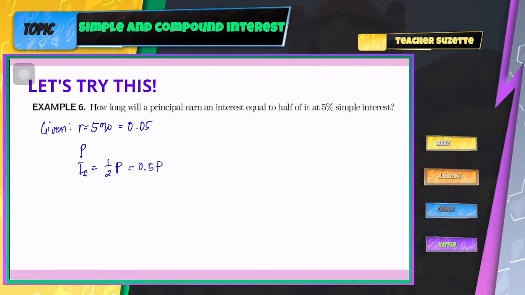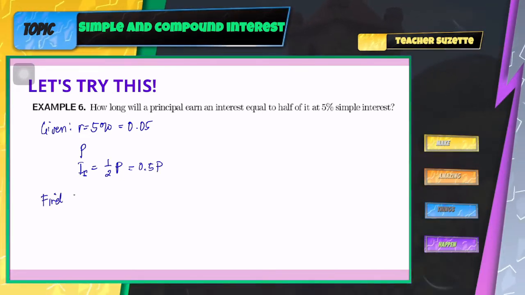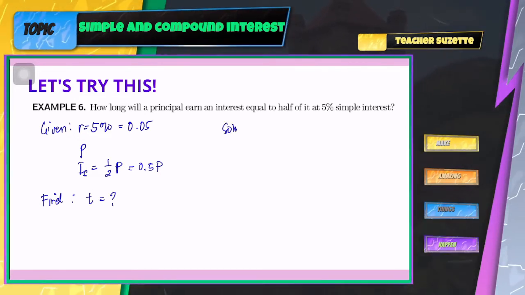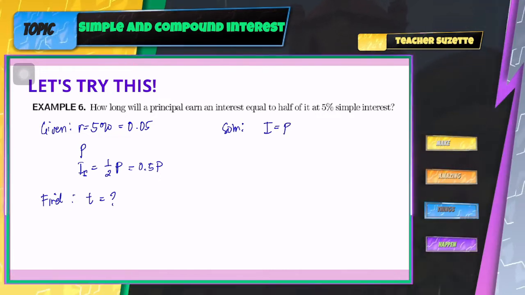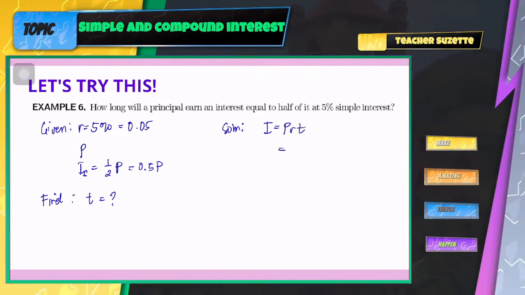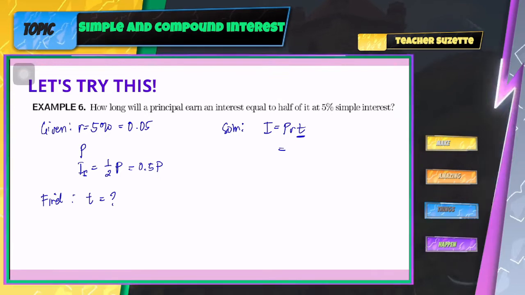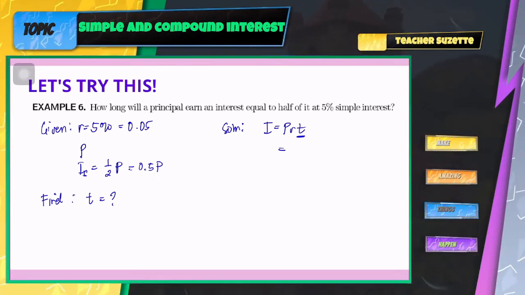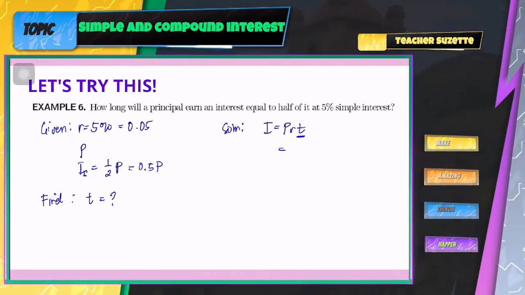So, we are looking for our time. So, using our formula, interest is equal to principal times rate times time. So, we're looking for our time. Isolate natin yung t sa one side of our equation. Then, lipat natin yung p and r.